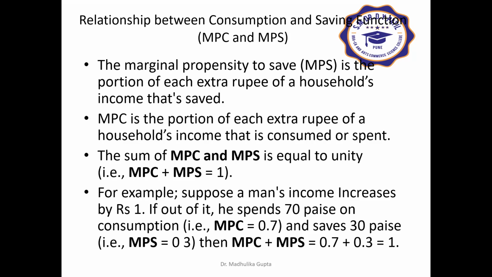Now let's move further and understand the relationship between consumption and saving function, that is, the relationship between MPC and MPS. So what you've studied till now, historically, consumer demand and consumption have helped drive the economy.